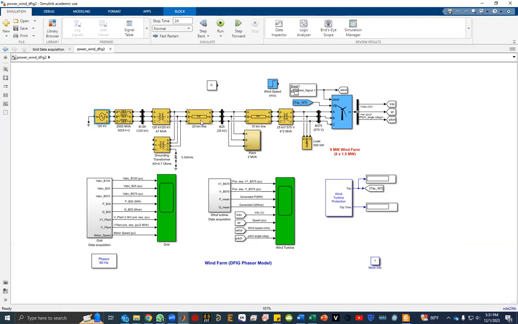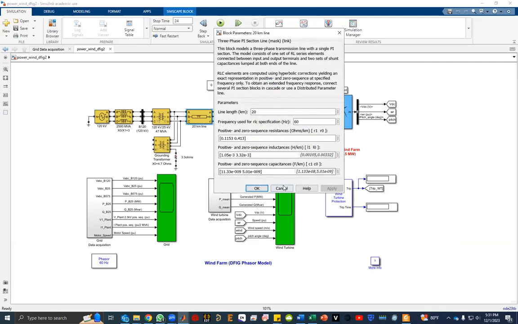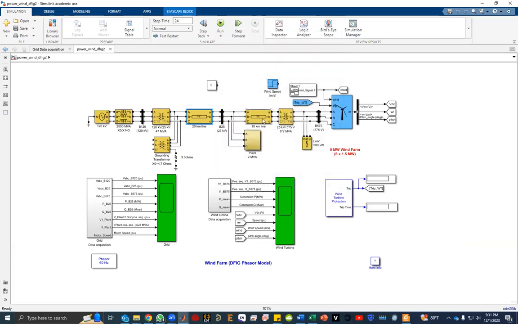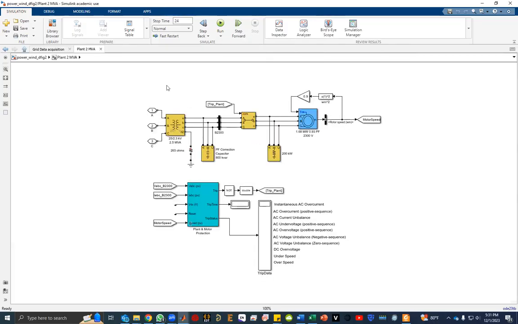Then we have 20 kilometers of distribution line, then again 10 kilometers of distribution line. We have a load here. If I double click it, it's an industrial load, any type of mill, where asynchronous machines are there.